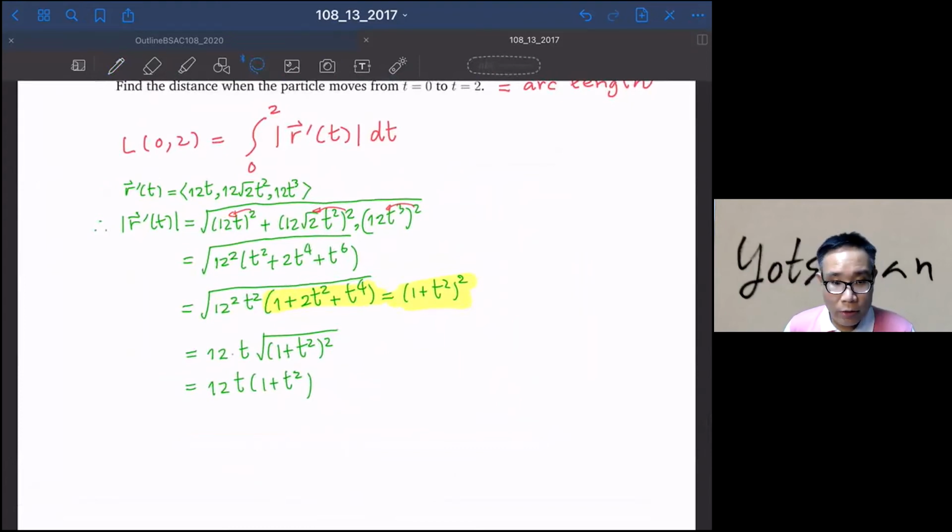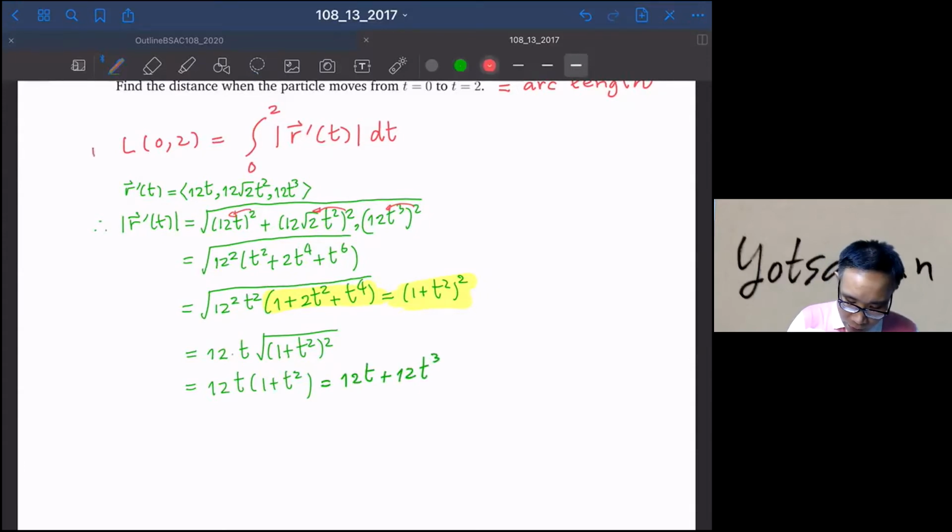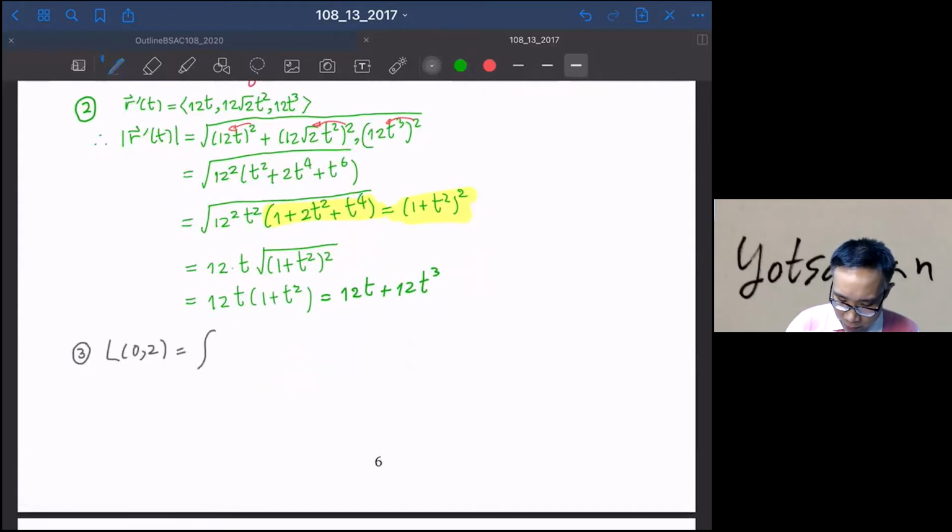You get 12t plus 12t to the third. Okay, so it's going to be that term, and then this one is your formula, and the second step will be your r prime t, and the third step will be you're going to have L turn out to be the integral from 0 to 2 of 12t plus 12t cubed dt.